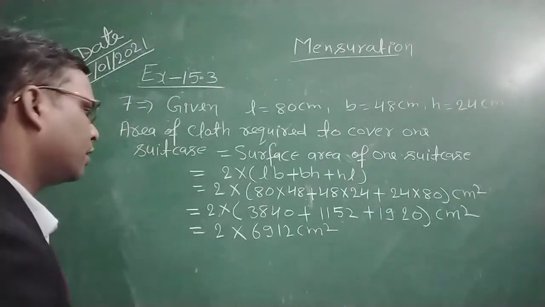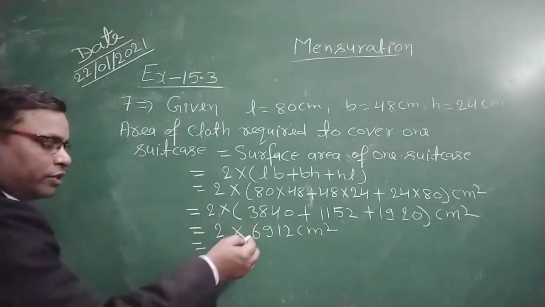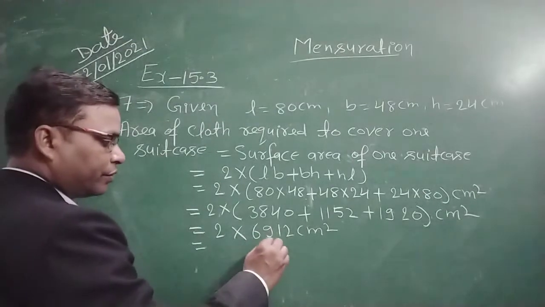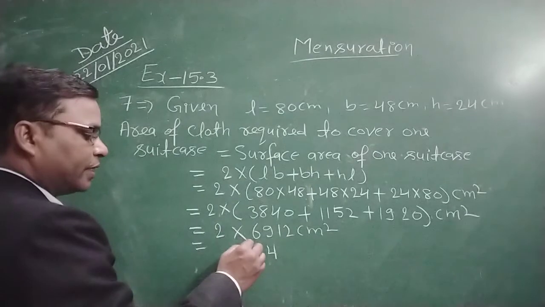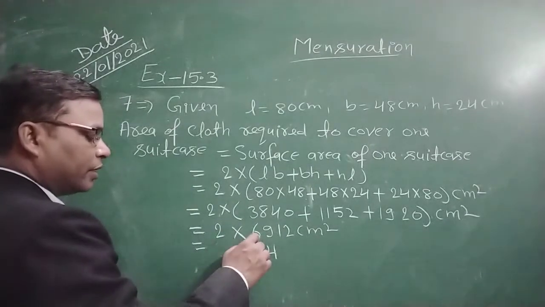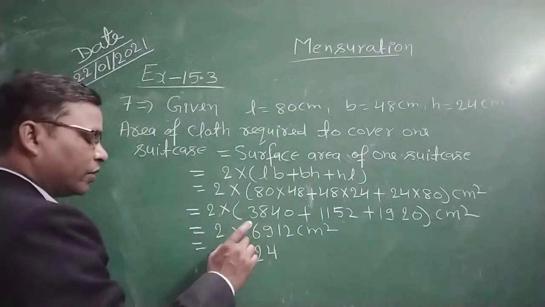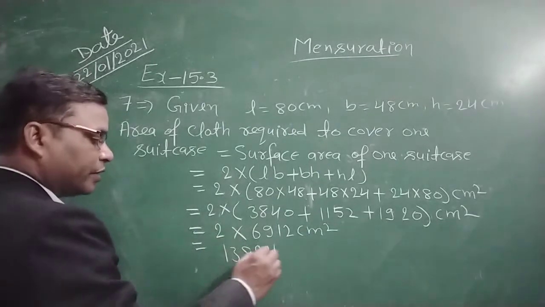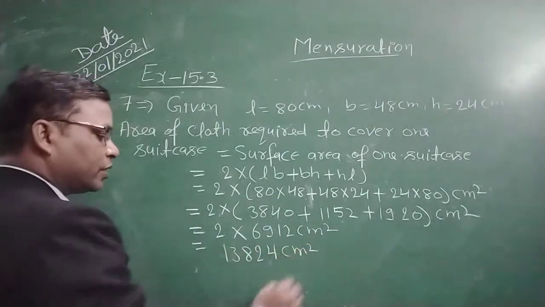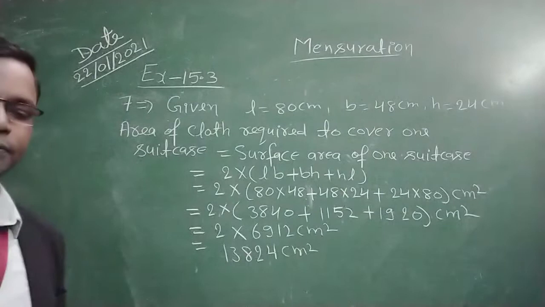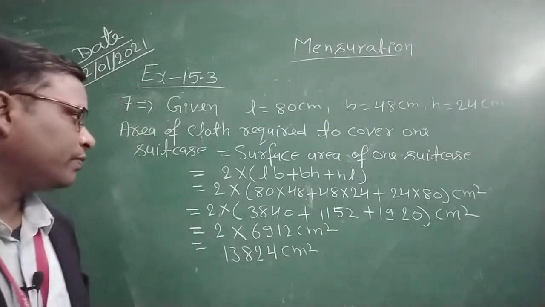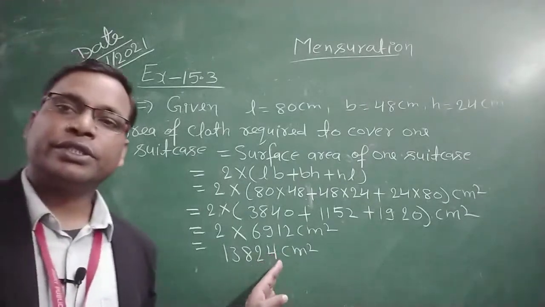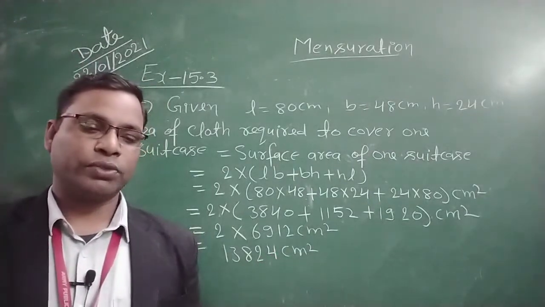Now if you multiply by 2, then you get 13,824 centimeter square. This is the area of one suitcase.